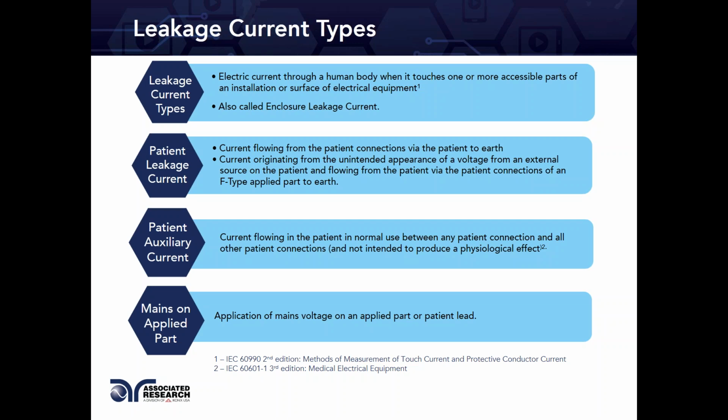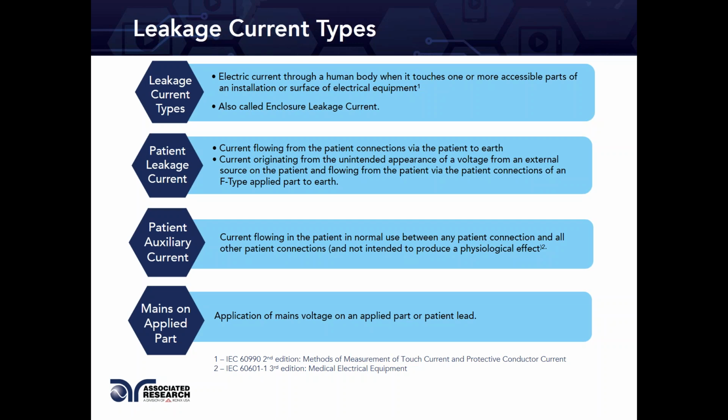So when we get into the medical field, the patient leakage currents are really important. Another current might be current originating from an unintended appearance of voltage from an external source on patient following a patient wire to connection of a F-type applied part. So when we get into the definition of applied parts, we'll take a look at how the requirements have additional testing requirements to do what we call mains on applied part testing.